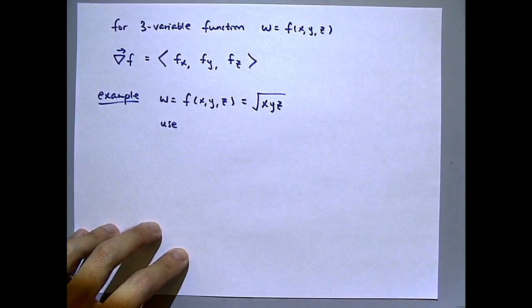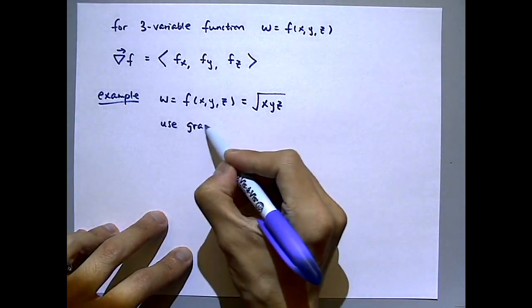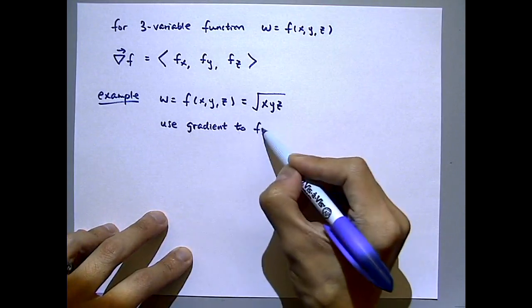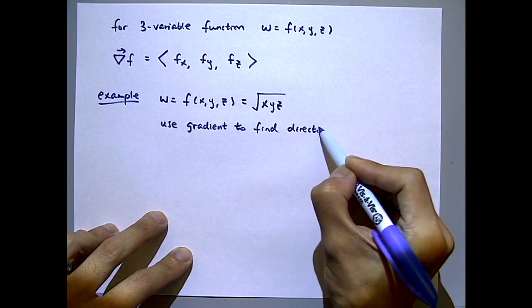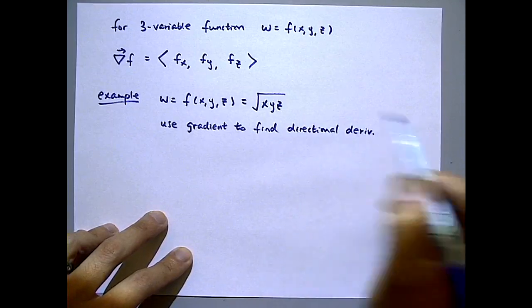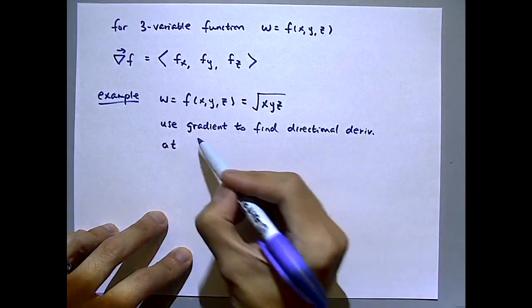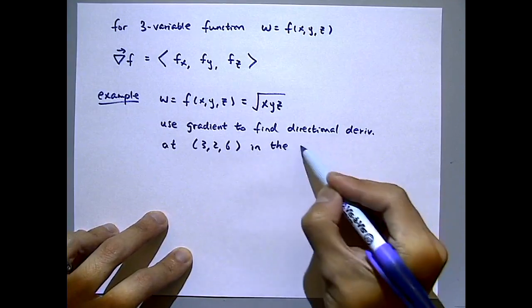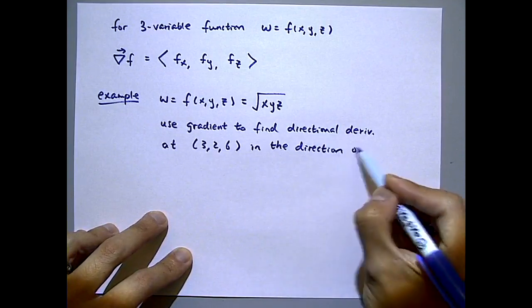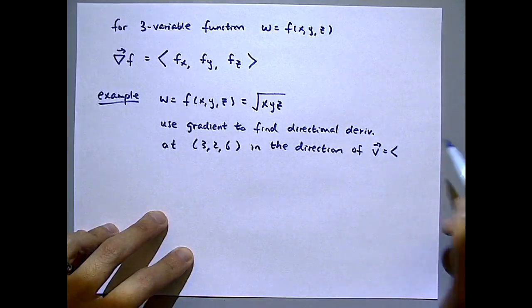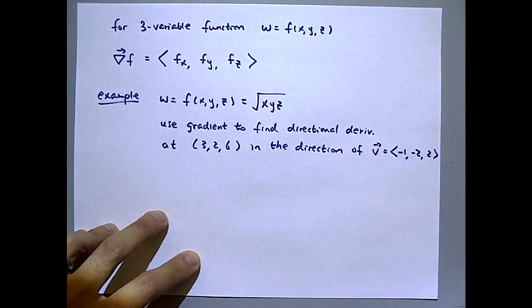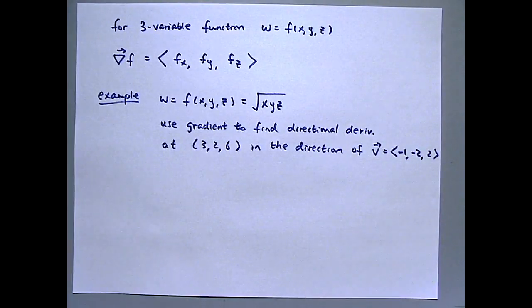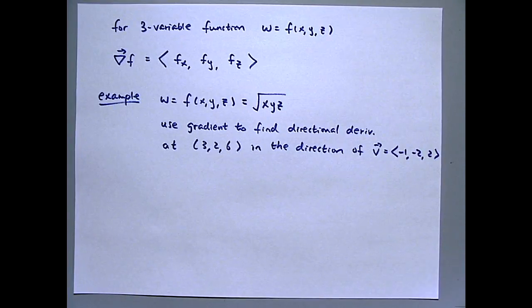And this time, let's use the gradient vector to find the directional derivative at 3, 2, 6 in the direction of the vector -1, -2, +2.